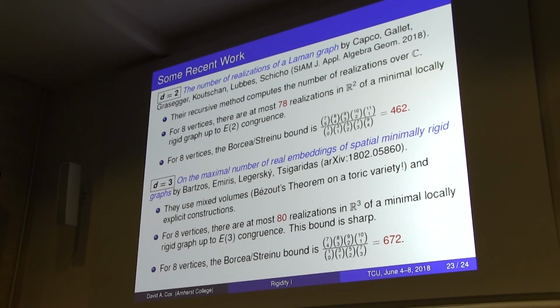These take very particular methods, and so I suspect that trying to adapt either of these to the general case can be really tough. But this is really recent work, people that are working on this actively. These folks are based in Austria, these folks are based mostly in Athens. So it really is people all over the place that are interested in these kinds of questions.